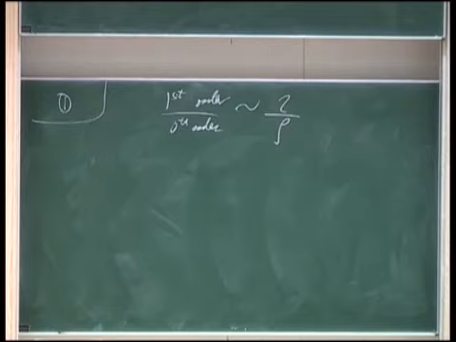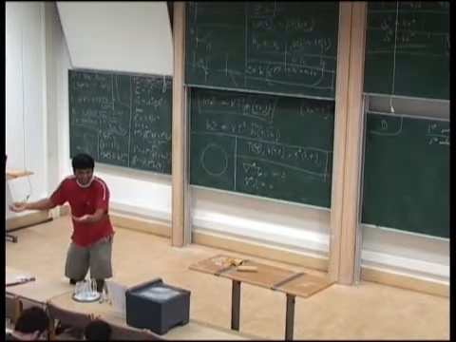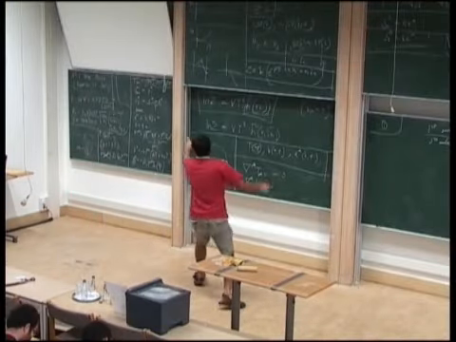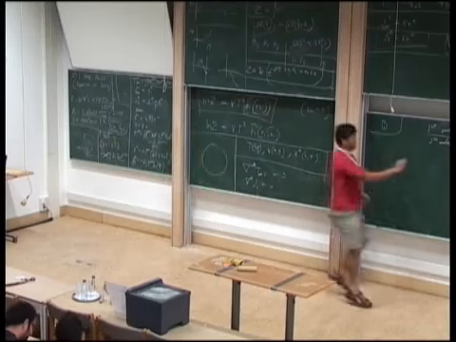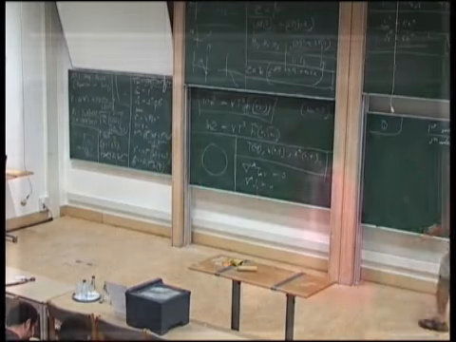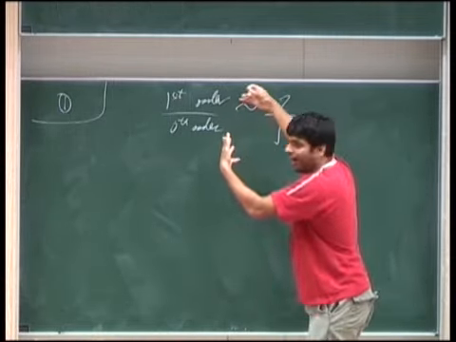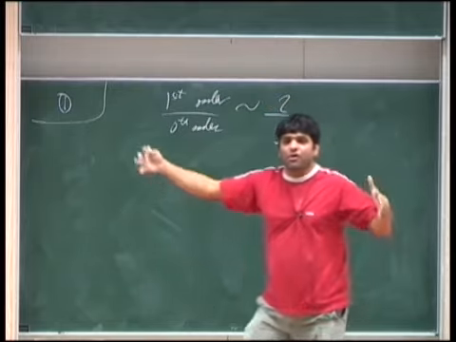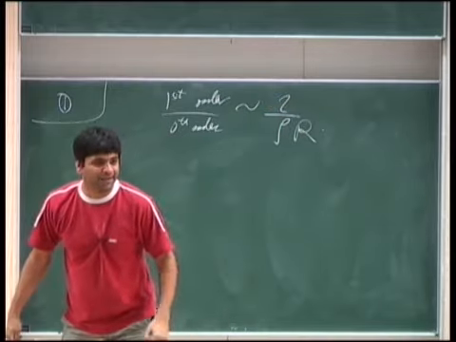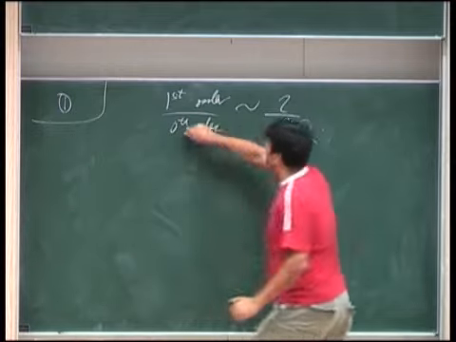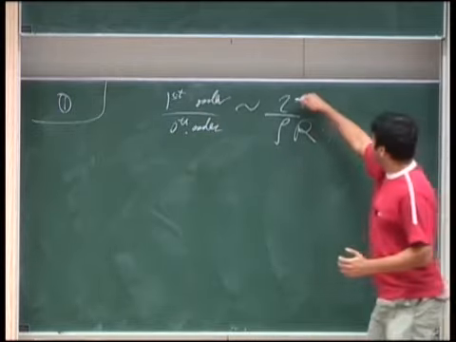U is order 1. For instance, u0 is order 1. Okay? And the length scale, of course. Length scale of variation. The first order terms are eta times derivatives on u. U is order 1, but the derivatives are order 1 over r, where r is the length scale of variation. So a crude estimate of the first order by the 0th order terms is given by eta divided by rho times r.